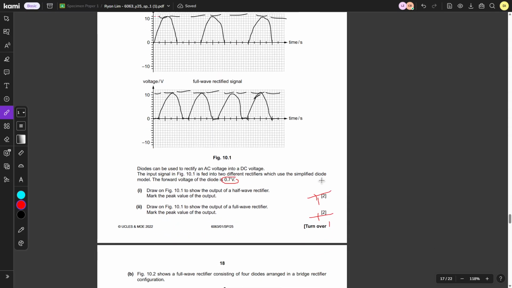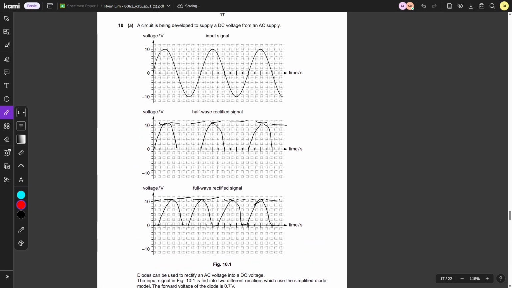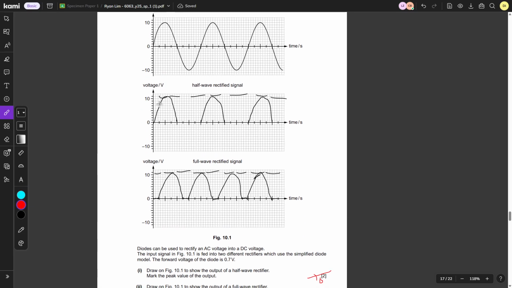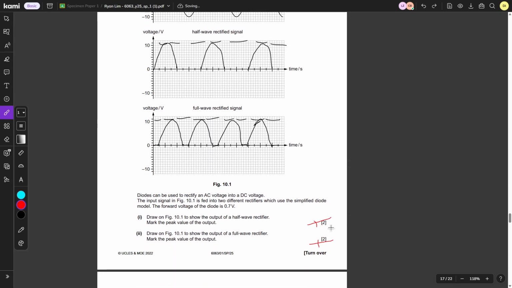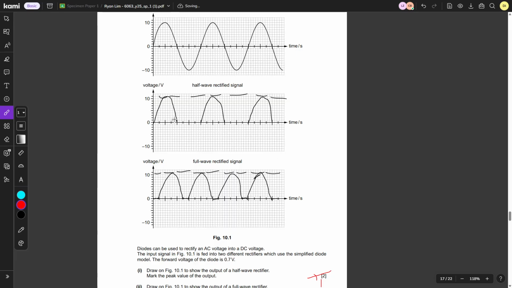Oh, you know what? No. You get 0 marks for both. Because I'm stingy. What you needed to include is the peak voltage. Okay, you know what? No. I'll give you 1 mark each. What I was thinking is because your signal needs to be lower because it is 10 minus 0.7, but your signal cannot touch here.